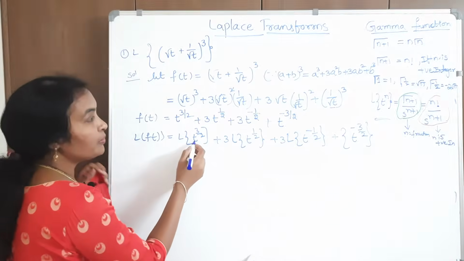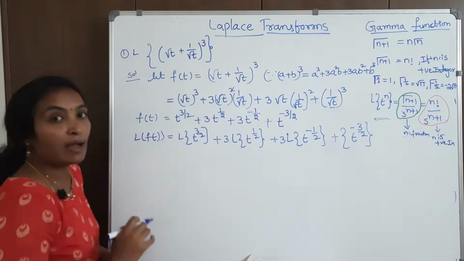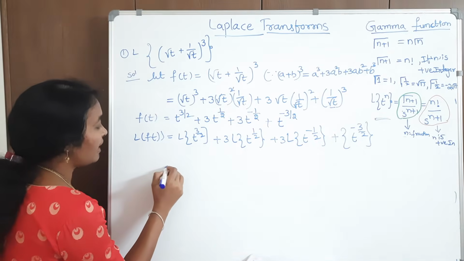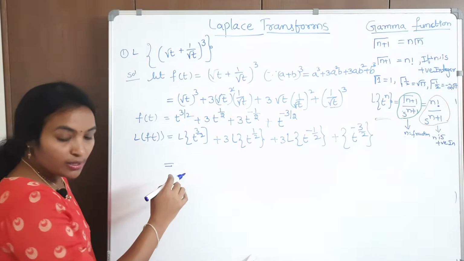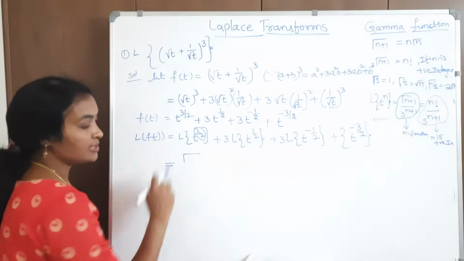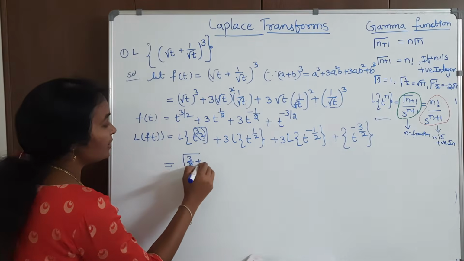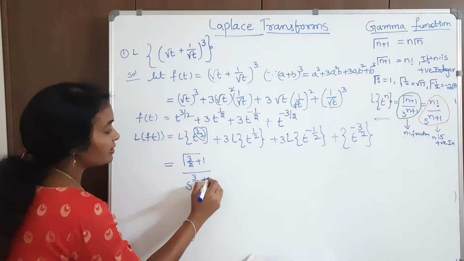Now L of t to the power of n, what is the value, then what is our principle? Gamma of n plus 1 by s to the power of n plus 1. After applying the Laplace, gamma of n plus 1, what is our n here? This is our n, means 3 by 2 plus 1 by s to the power of n plus 1.